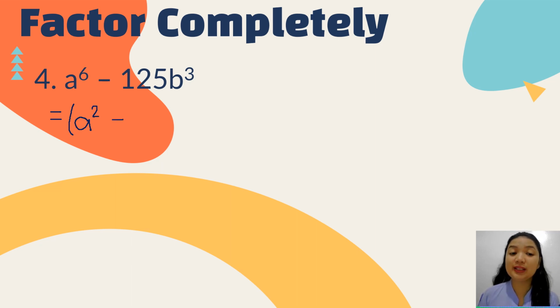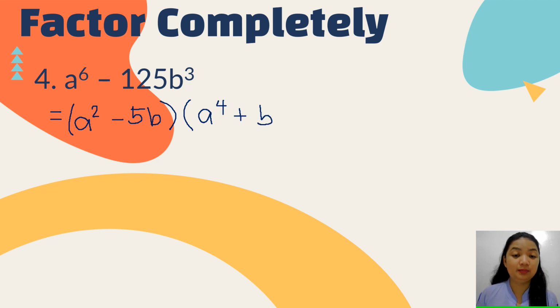Minus the cube root of 125b cubed, yes, that is 5b. Times the trinomial, which is a to the 4th plus 5a squared b, and then lastly we have 25b squared. We simply square the last term.